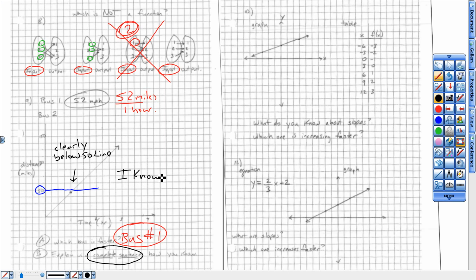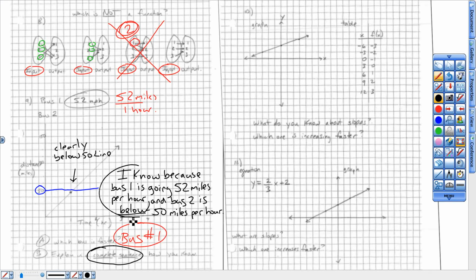I know because bus 1 is going 52 miles per hour, and bus 2 is below 50 miles per hour. That's what I would write right there.